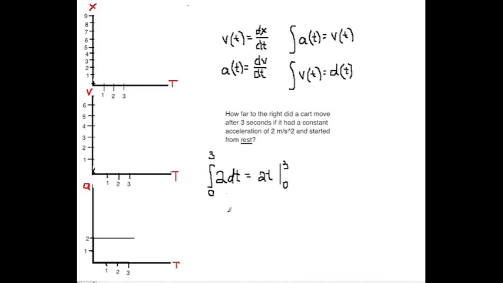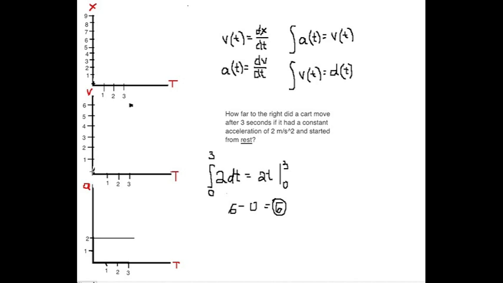Then you plug in 3, so it becomes 6 minus 0, which is 6. So that's your answer. So at t equals 3, velocity would be 6, which is exactly the same as what we got before when we did the integrals and then plugged it in.